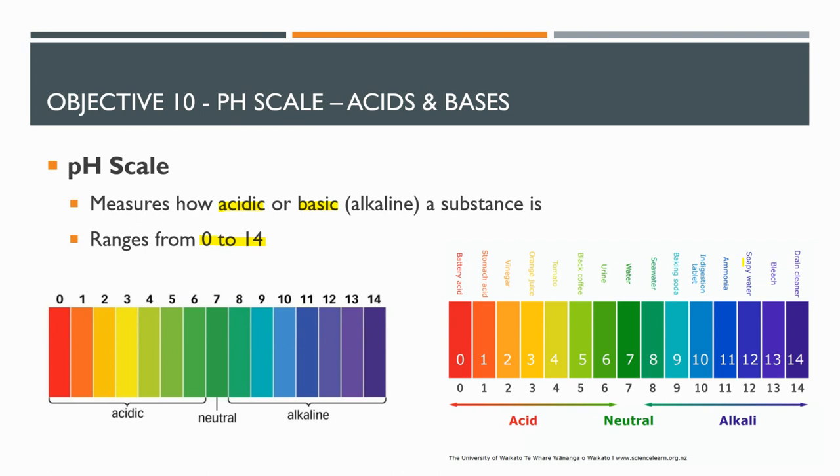And so you can see some common everyday items. Things like stomach acid is down here, so it's definitely going to be an acid. Urine is going to be slightly acidic. Things like orange juice. A lot of times up here on the basic end you see cleaners. So soapy water, bleach, indigestion tablets.